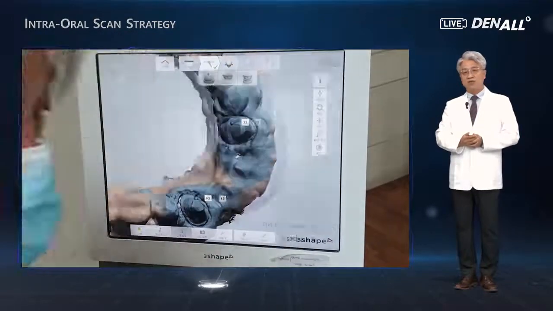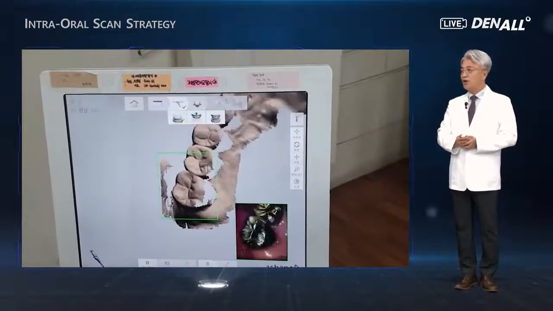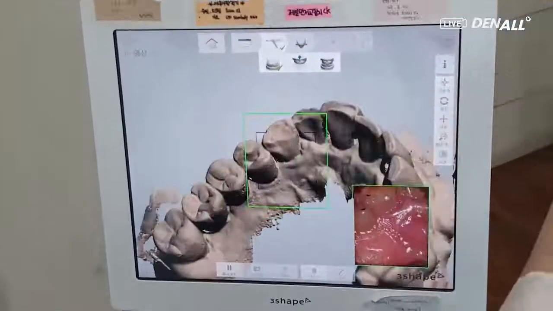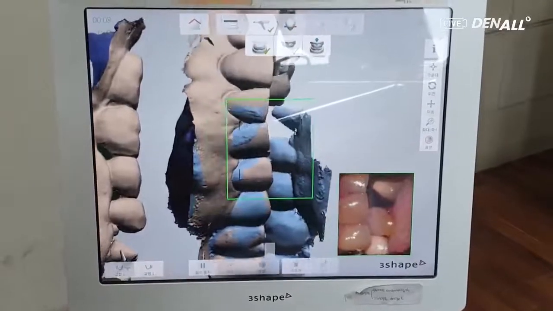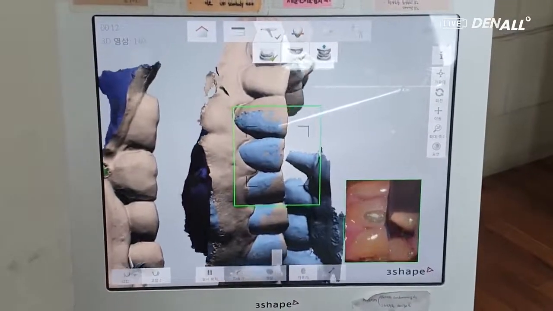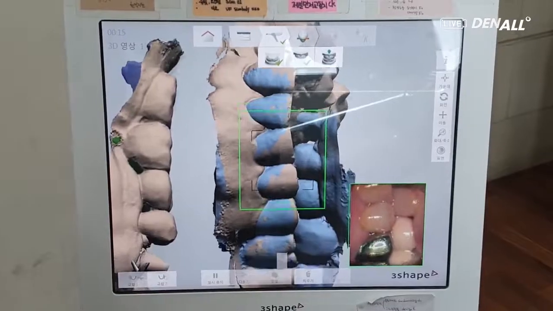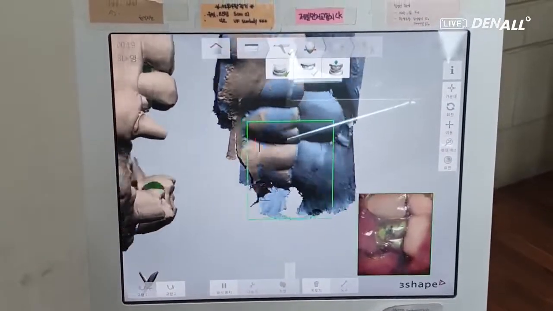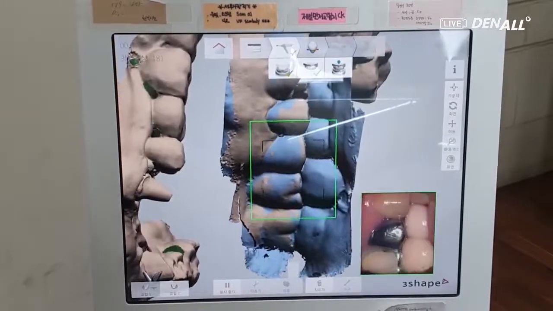I believe this is for your reference when you try to acquire oral scanning. Now, this is bite scanning. This is the same as bite registration using a model.